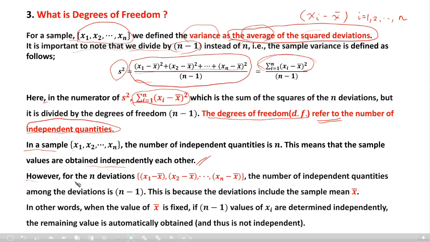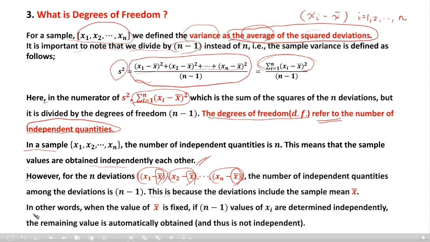However, for the n deviations, x1 minus x bar, x2 minus x bar, ..., xn minus x bar, the number of independent quantities is n minus 1. Why? This is because the sample mean x bar is included in each deviation. You got it?